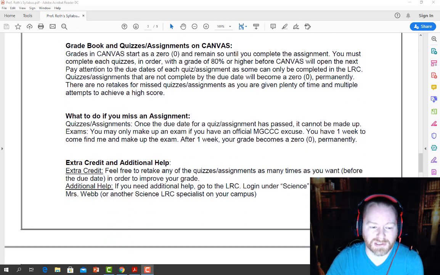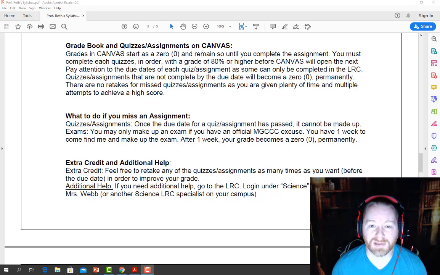The last thing I'll cover is the extra credit and additional help. Because you're given the opportunity to retake the quiz multiple times to get the highest grade possible, that is, to me, your extra credit. I don't give extra assignments beyond the scope of what's already required of you, because at any point, if you say my grade's real low, well, go retake the quizzes and do better on those.